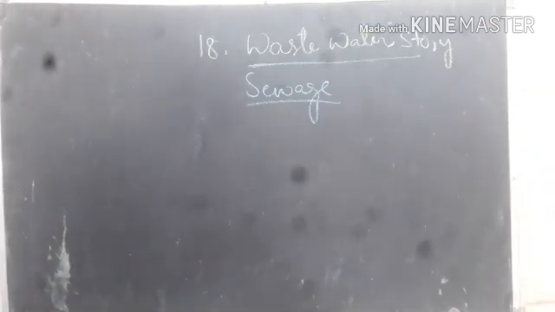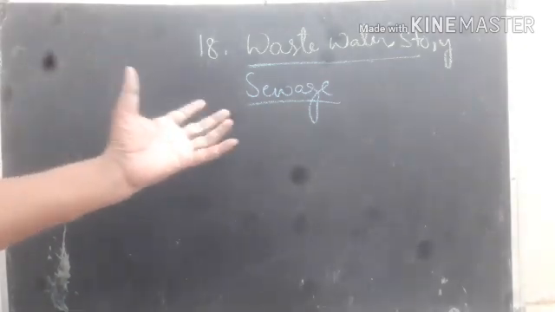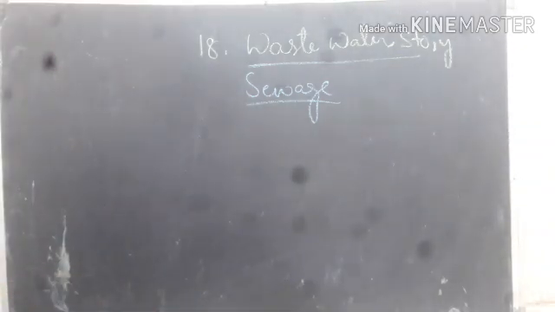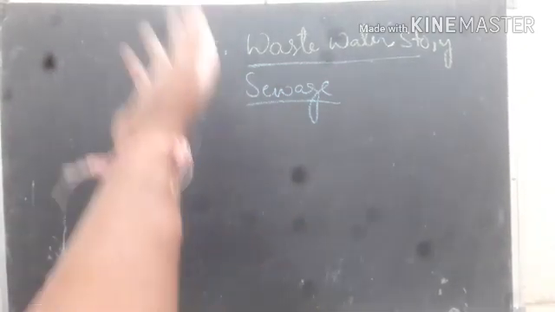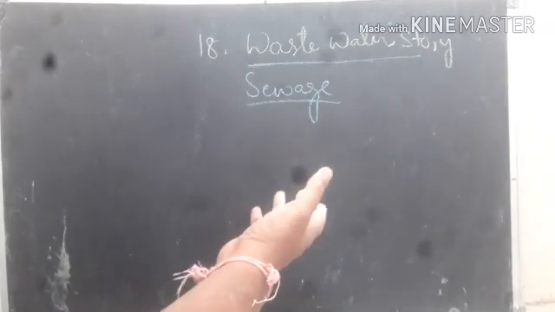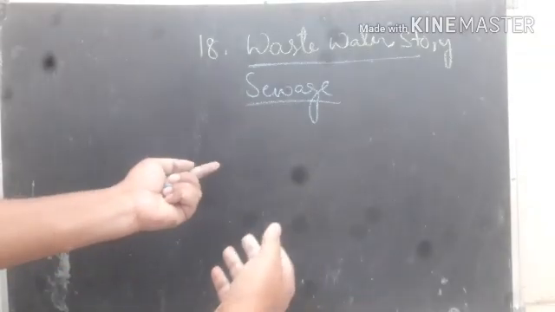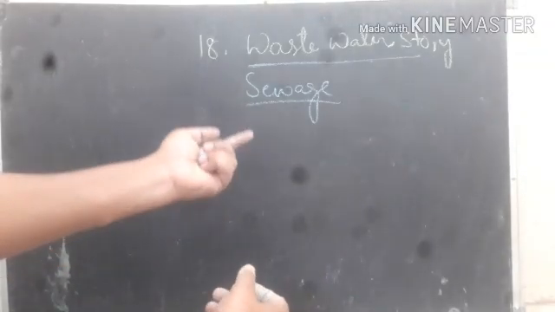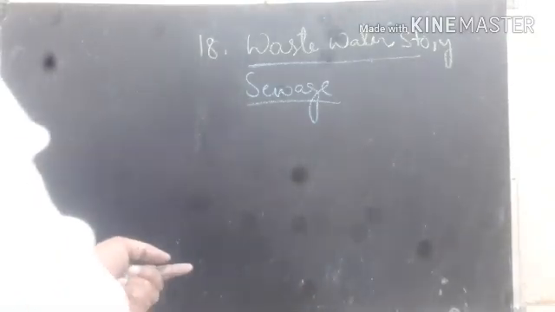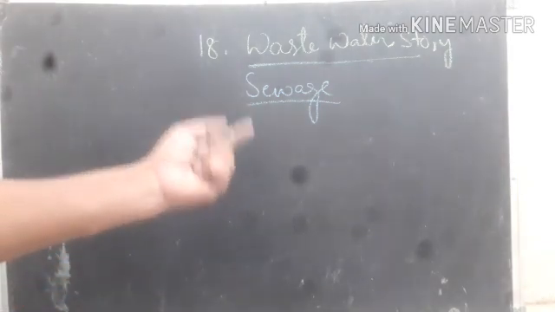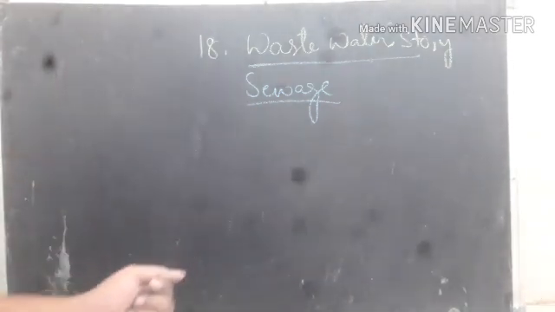We learned the composition of sewage, that is, what impurities are present in the sewage. Sewage contains organic impurities, inorganic impurities, and microbial impurities. The organic impurities include oils, fruit and vegetable peels, wastage of pesticides and herbicides, as well as animal wastage, animal excreta, and human excreta.